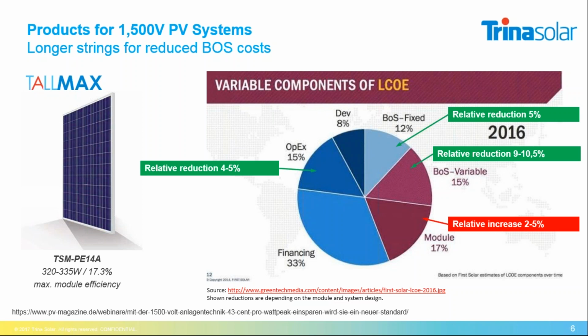We had a webinar together with PV Magazine about the 1500 volts. It was in German. There we also discussed the question: is it possible to use 1500 volt systems on rooftops? We had a specialist from a cable manufacturer who knows the standards very well. The result was that there's no barrier to using a 1500 volt system on roofs, because the most important standard to follow is the low voltage directive, and the low voltage directive goes up to 1500 volts.